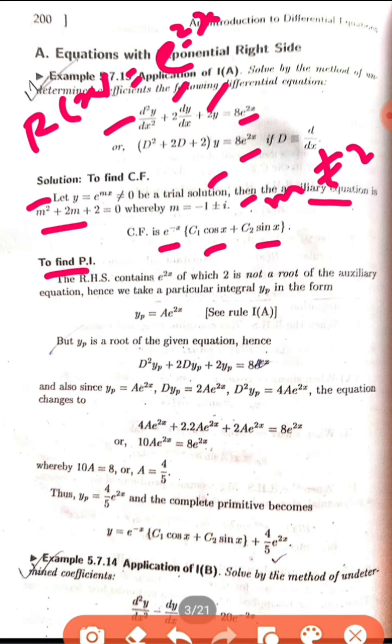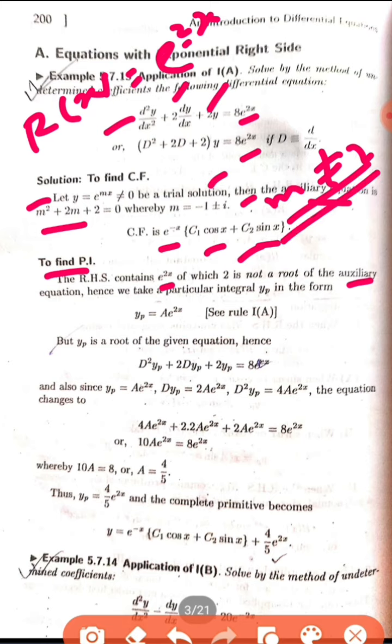Here to find YP, the RHS contains e^(2x). Here is the reason: 2 is not a root of the auxiliary equation.